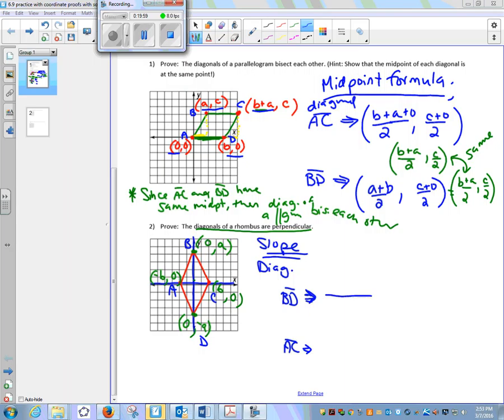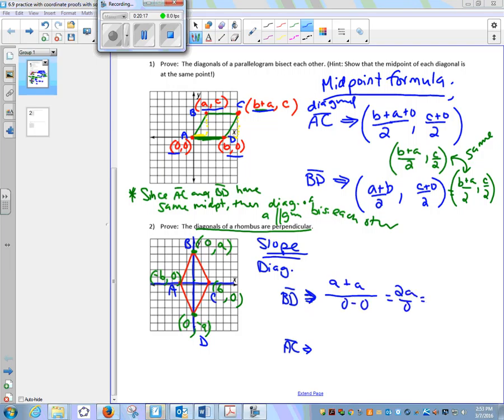When we do slope formula, we do the difference in the y's on top, so a minus a negative a, that's plus positive, over 0 minus 0. And I get 2a over 0.